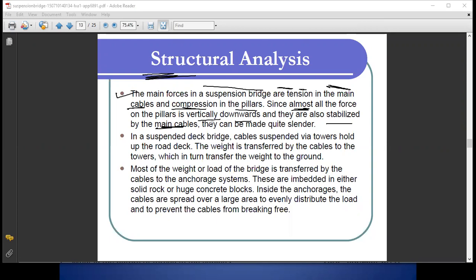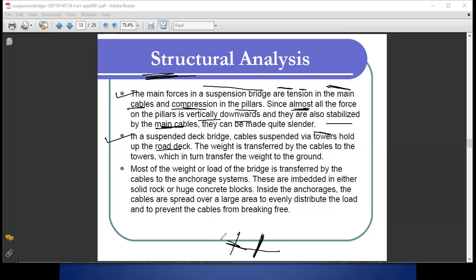Then in the case of the suspended deck bridge, cables suspended via towers hold up the road deck. This is your road deck, vertical elements tower.